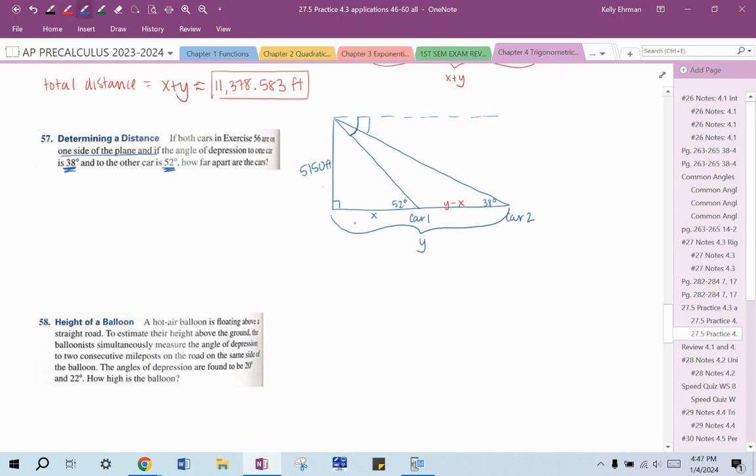All right, so set up the x first. So using tangent again, because we have opposite and adjacent, the tangent of 52 degrees is equal to 5,150 over x. And I can solve that for x. And then I can solve a similar triangle for y.